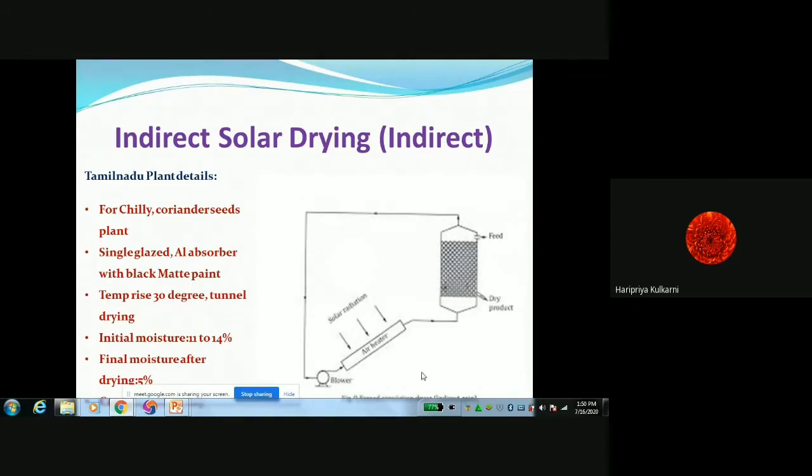Black color has been utilized. So in Tamil Nadu plant, they are getting 30-degree temperature rise. Okay. So whatever is the normal temperature, 30-degree rise could be possible. It is a tunnel drying because this is a tunnel in which the material to be dried is placed. So their initial moisture is say 11 to 14%. Then final moisture after drying is 5%. So you can observe here around 10% moisture can be reduced by the drying process. So this is indirect solar drying.